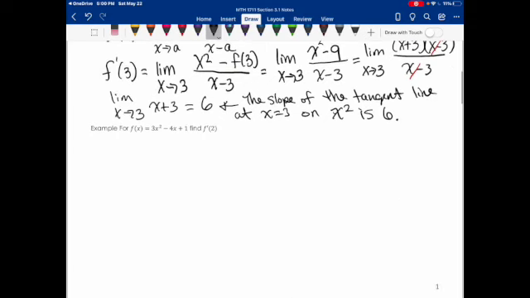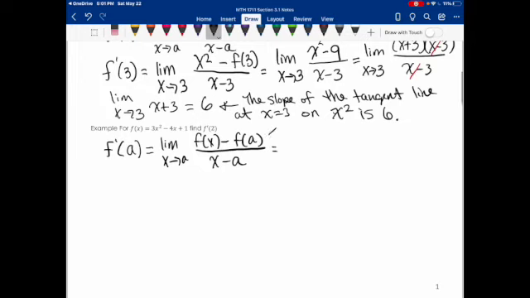Okay, let's do the next example. I'm going to use the first equation in the definition, which is this. So I'm trying to find the slope of the secant lines as they get closer and closer to x equals a.